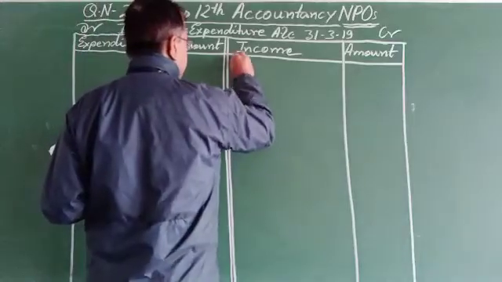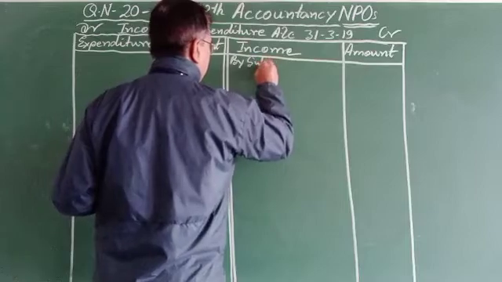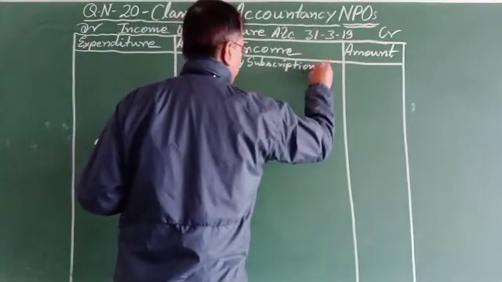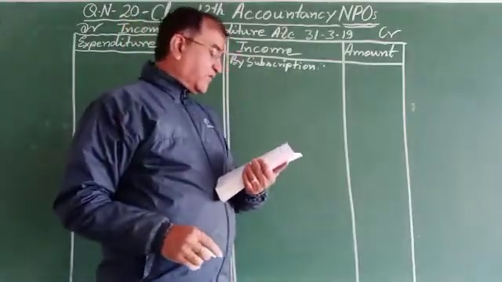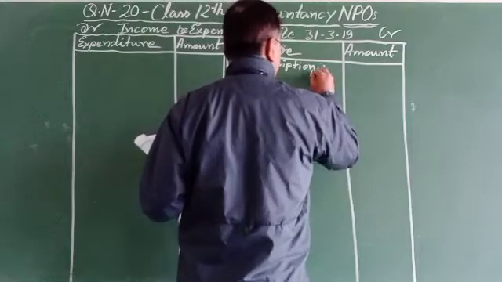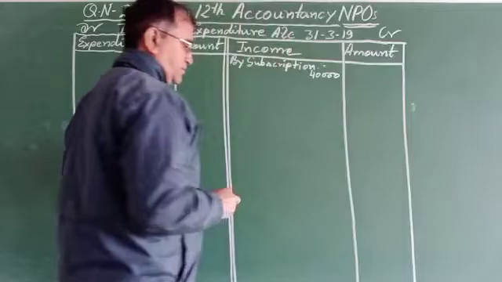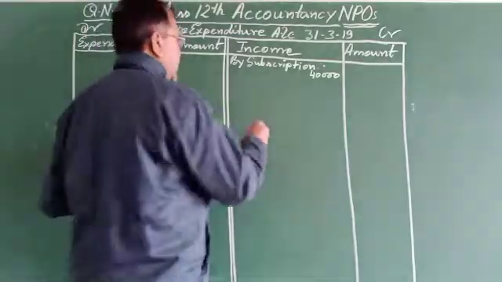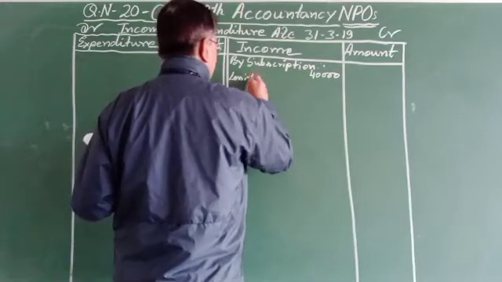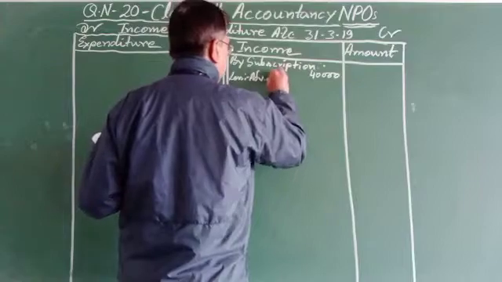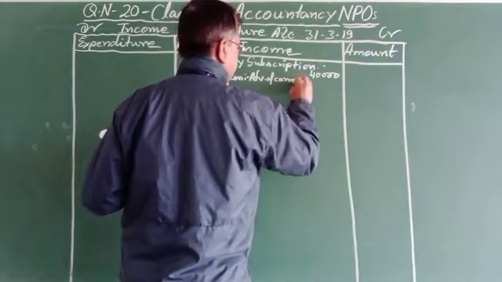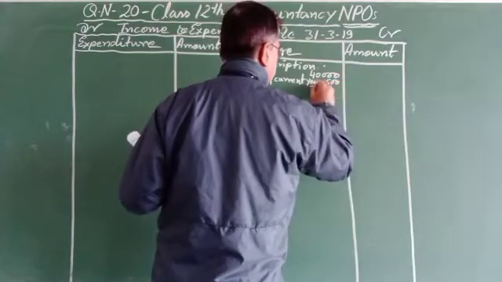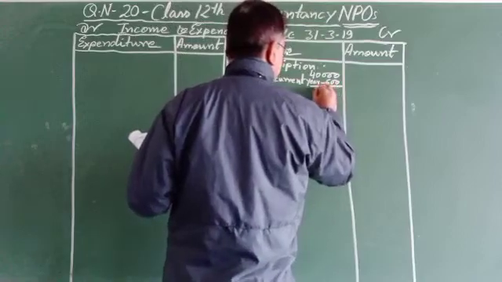Now, first, subscription received during the year, that is given 40,000, less advance of the current year that is included, minus 600, the subscription will be 39,400.